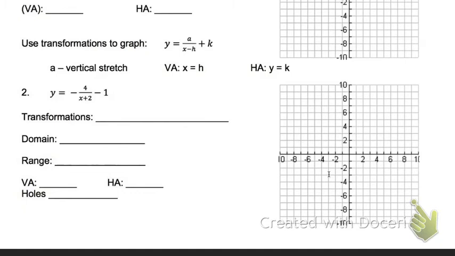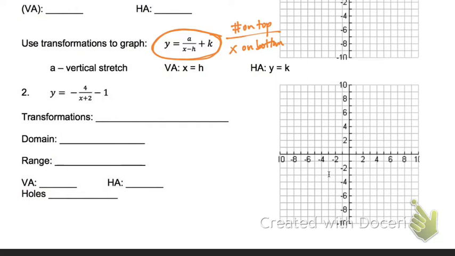When you see a function that looks like this, and it asks you to do transformations, this is when you have a number on top and an x on bottom.